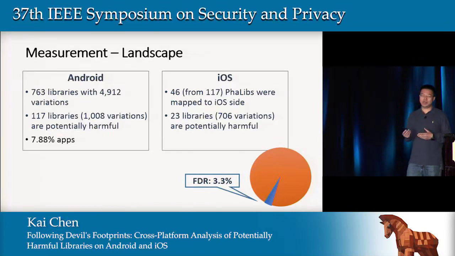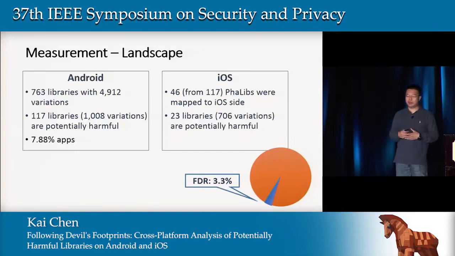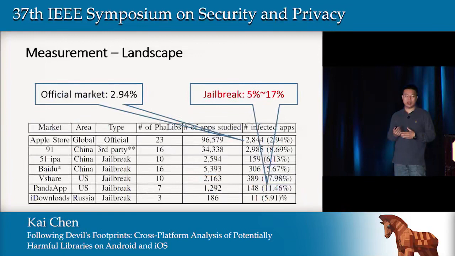It includes 117 potentially harmful libraries, and it impacts about 7.88% of apps. On the iOS side, we got 46 of these 117 when mapped, and from them, 23 libraries are potentially harmful.